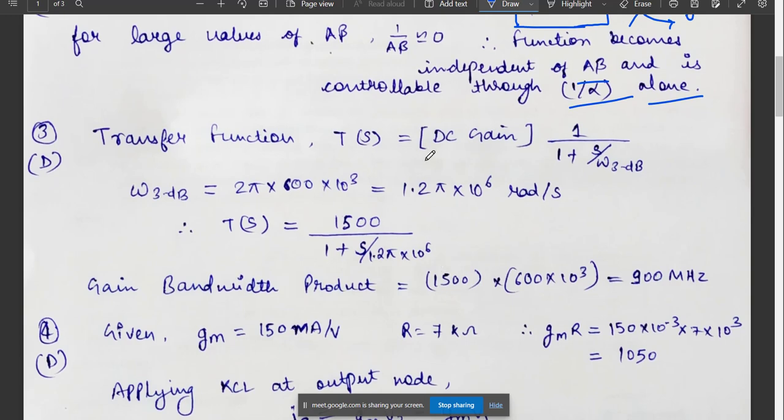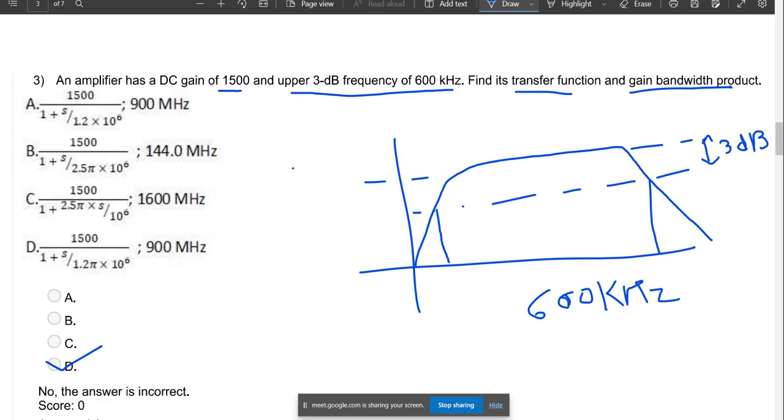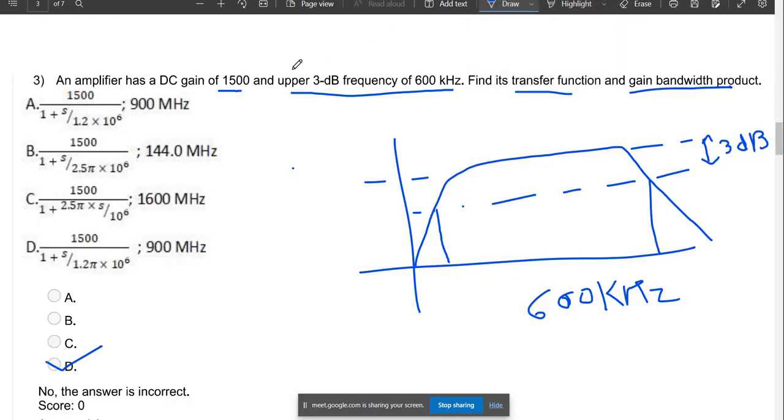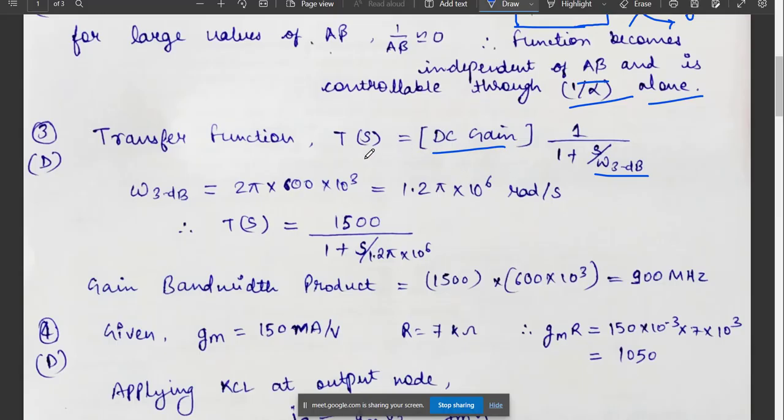The transfer function is equal to the DC gain, which is K here, into 1 upon 1 plus S divided by omega 3 dB. This is the formula given for an amplifier.